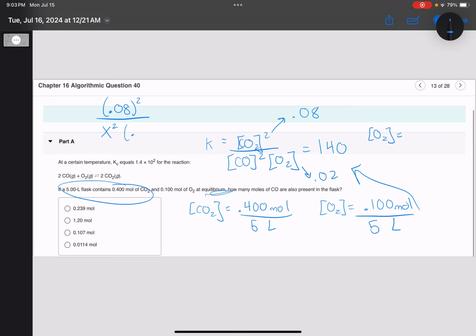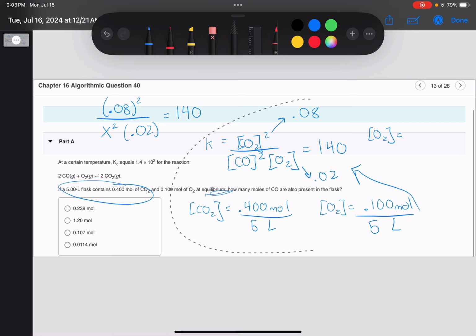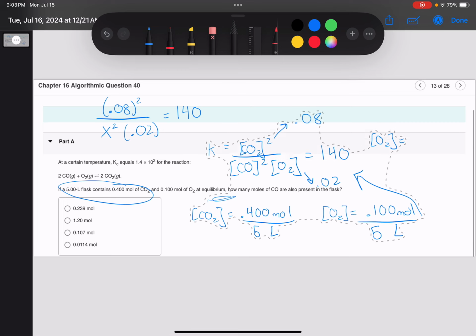And then this is 0.02 equals 140. Okay, so I'm going to rearrange that. Move this stuff down so you can see better where I'm going with this.